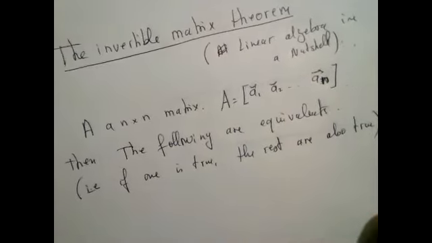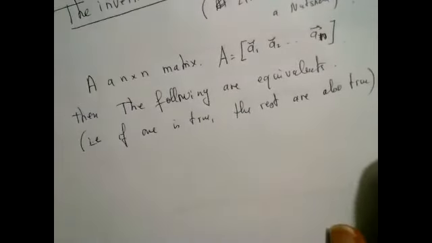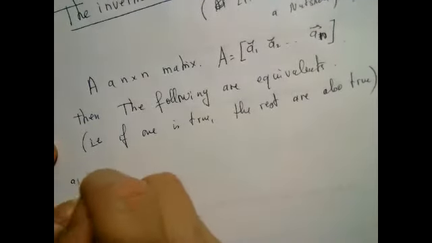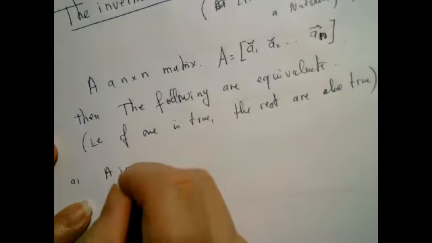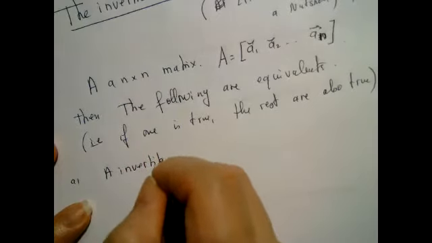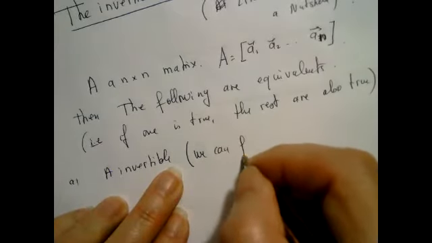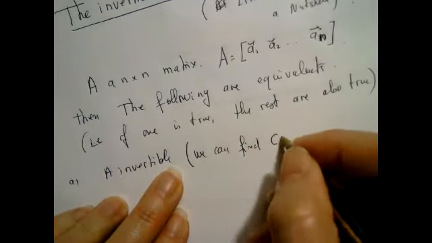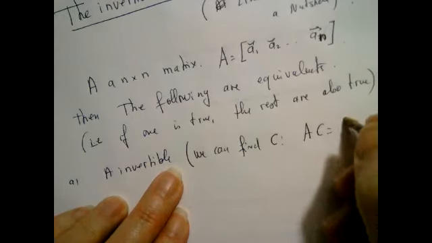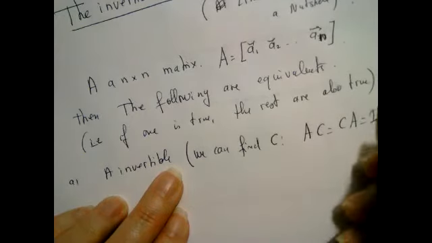Okay, so let us go through those statements verbatim. A is invertible. So suppose A is invertible. That's what invertibility means: we can find C such that AC equals CA equals the identity.